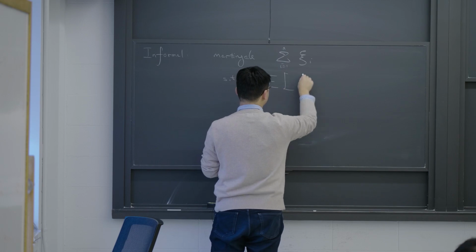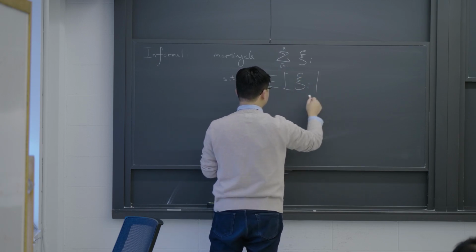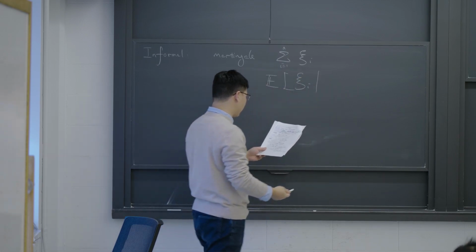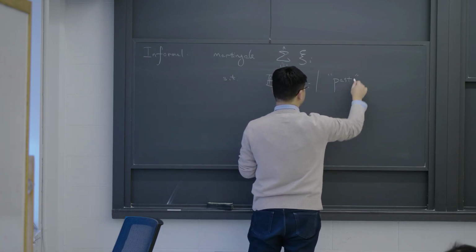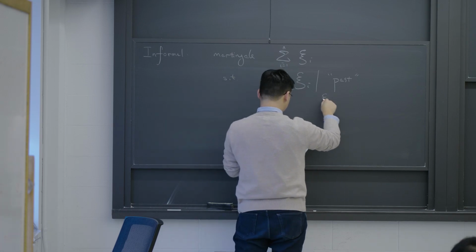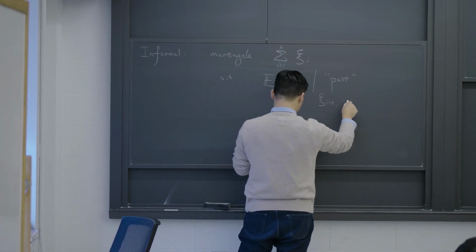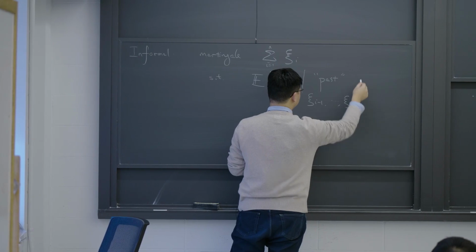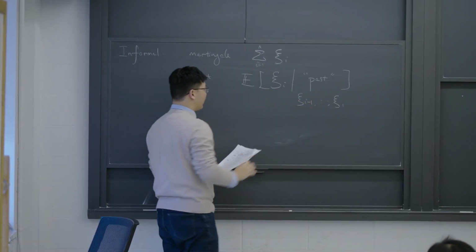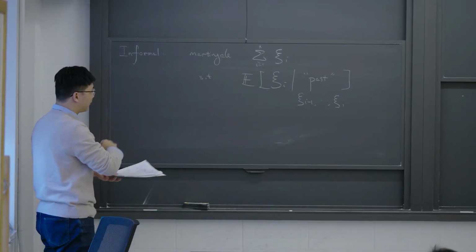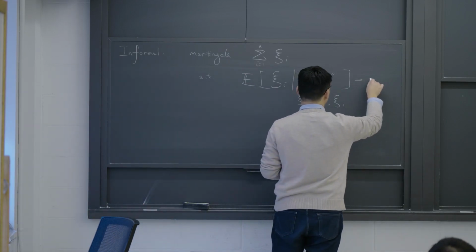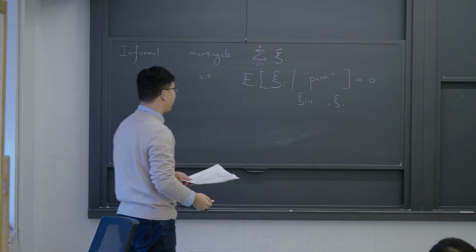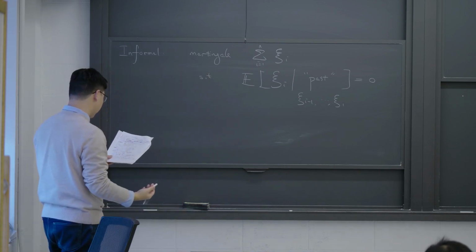It only requires some condition: the expectation of Xi I, conditional on all the things that happened in the past, including Xi I minus 1 down to Xi 1. You can informally understand this past as all the randomness that happened in the past, and we're saying this is equal to 0. In this case, we call this Xi I a Martingale difference sequence.